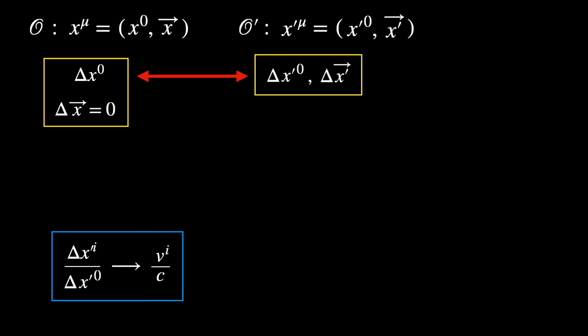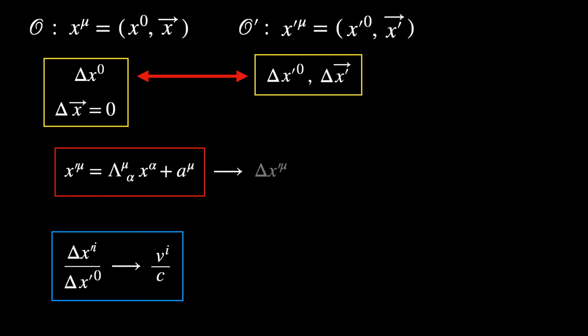Now we can relate the velocity v to the matrix elements of lambda using these three boxes. The Lorentz transformation gives us the displacement of x prime in terms of x. A drops out since it is a constant.